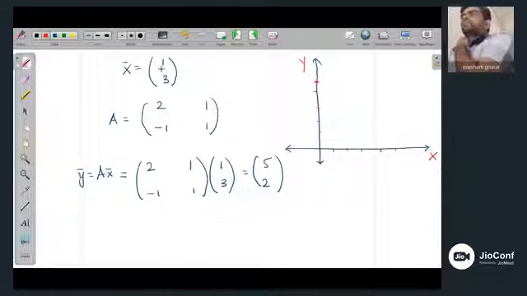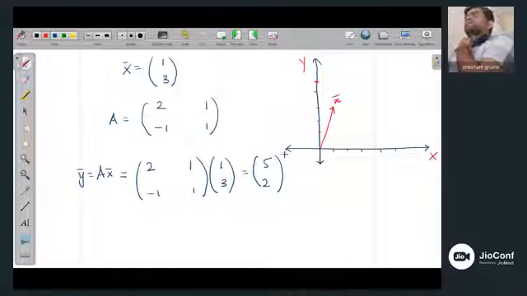The point (1, 3) is 1 here and 3 here, and this is the vector x bar. And this y bar, which we have produced by applying the matrix A to x, is at (5, 2). So this is 5 and 2 here, and that vector will be here.